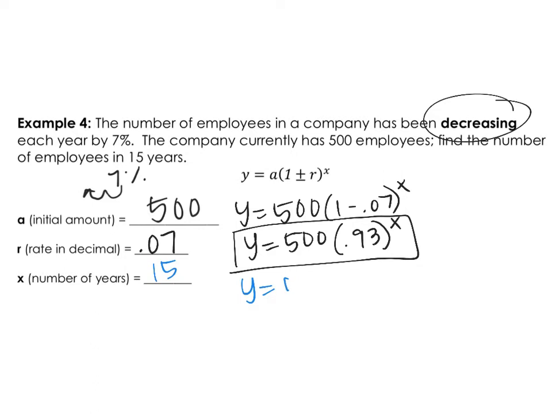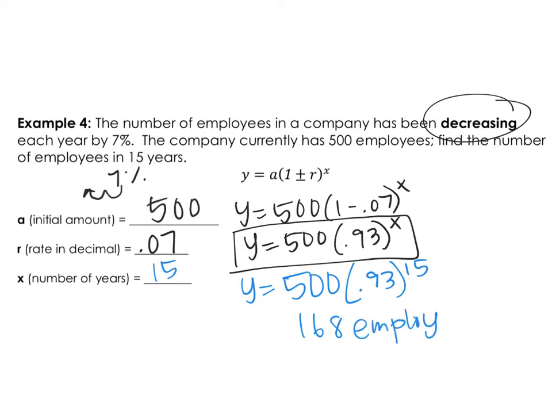So, 500 times 0.93 to the 15th power. If you plug that into your calculator, we get 168.35. Again, we want a whole number if we're talking about people. So I have an 8.3. It looks like that 8 is going to stay an 8. So we have 168 employees about.